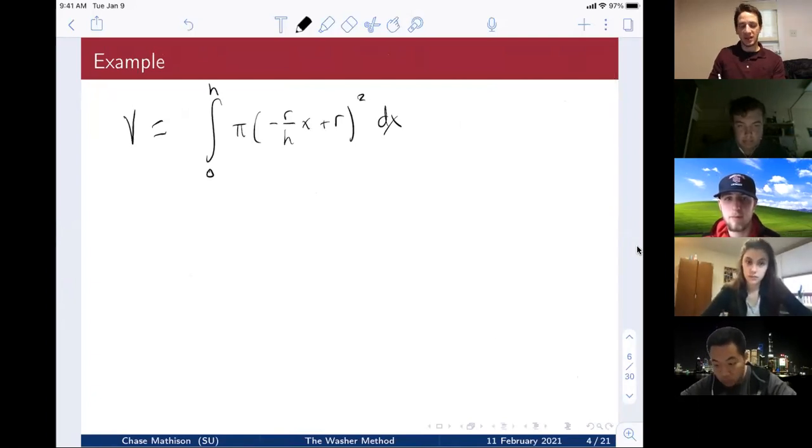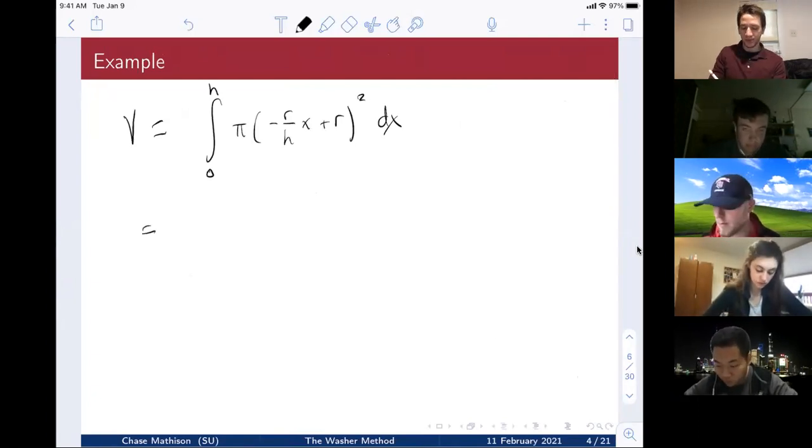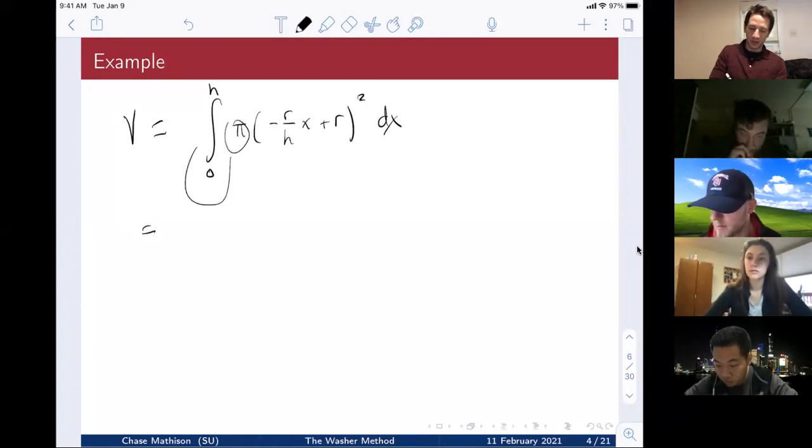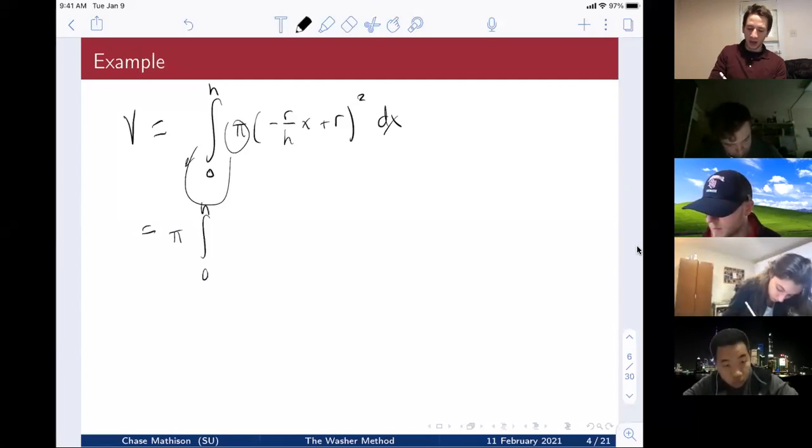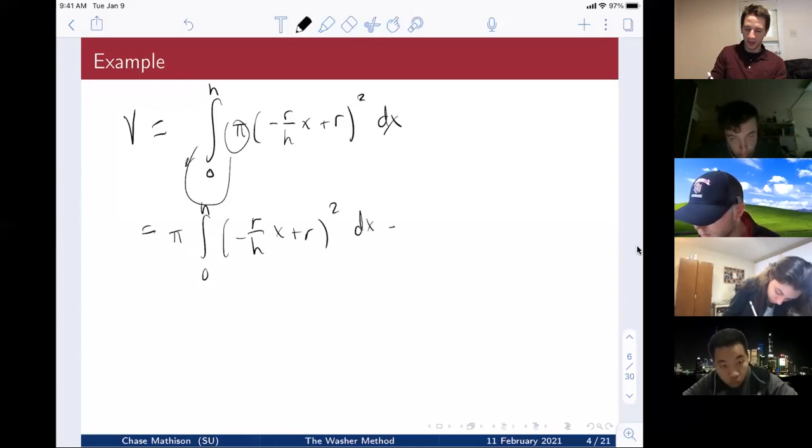And then the rest is the algebra and then the fundamental theorem of calculus, right? So I'll pull the pi out in front. This is pi times the integral from 0 to h of (negative r over h x plus r) squared dx. Now I'm going to square everything.